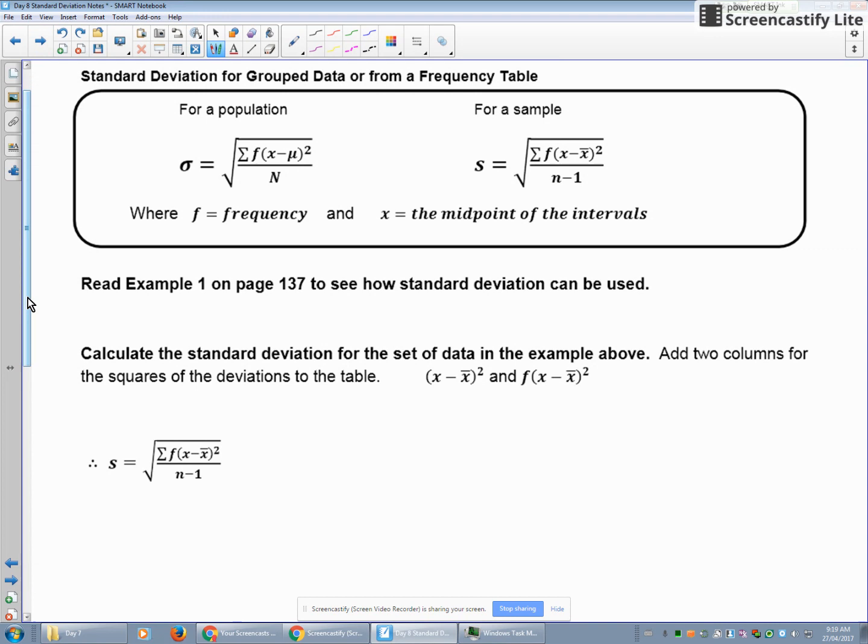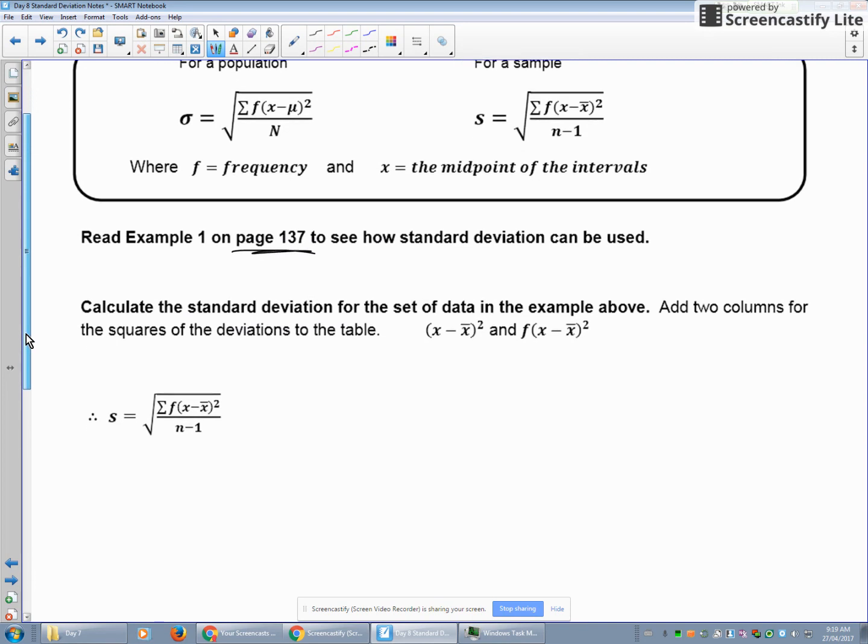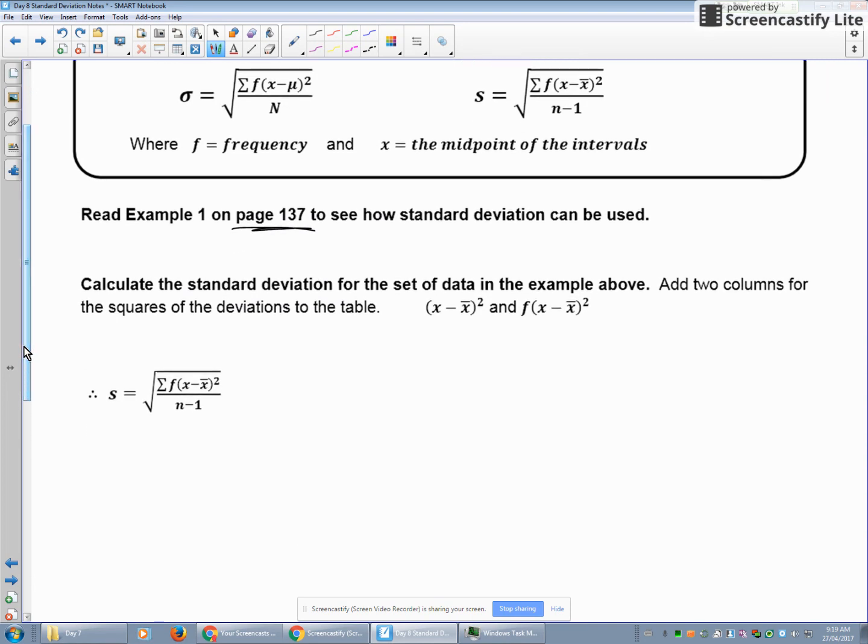So in this particular case, continuing from where we left off, calculate the standard deviation for the set of data in the example. This example, I think, is the data that we've been looking at on the front of our note. So we've calculated that the sum of the squared deviations was a total of 537.375.